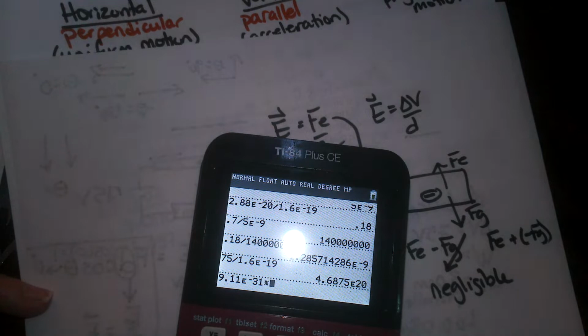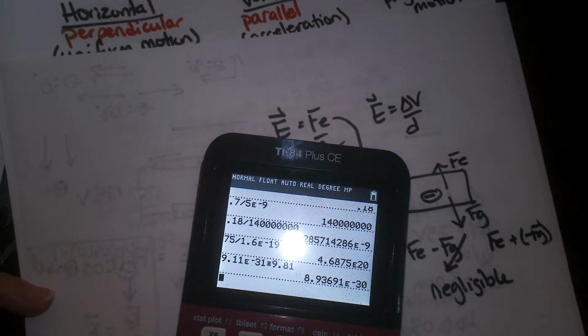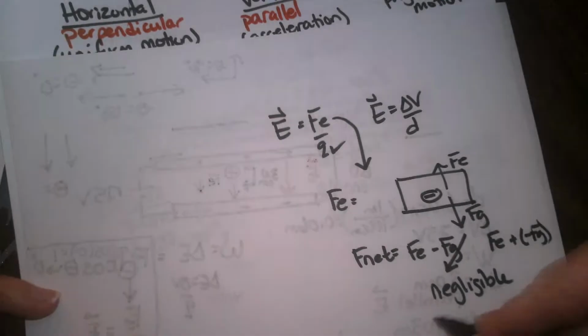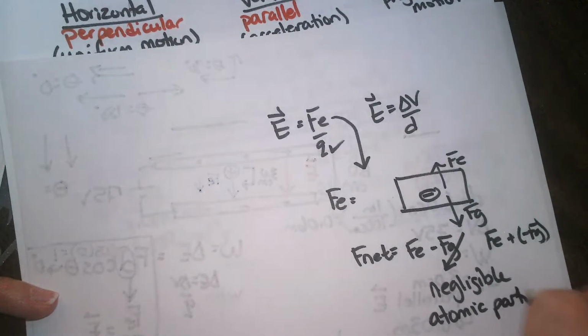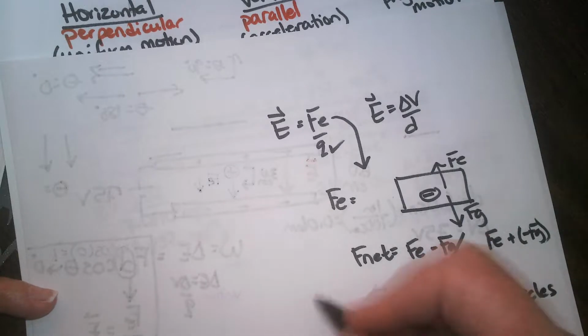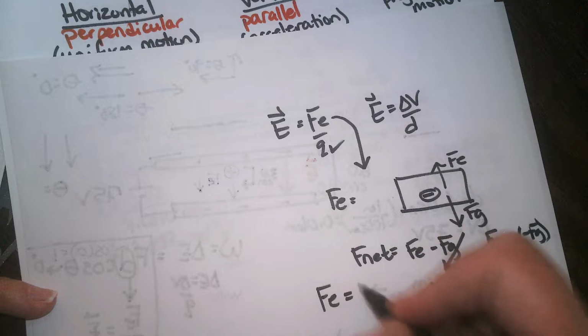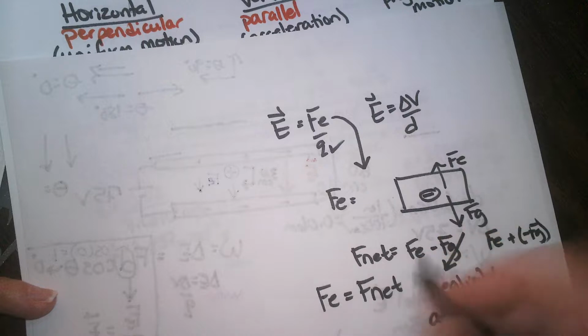And gravity is, so my force gravity is 8.9 times 10 to the negative 30. Force gravity is negligible for atomic particles. Which leads me to say that force electric is equal to force net.